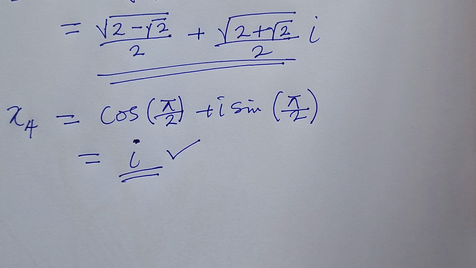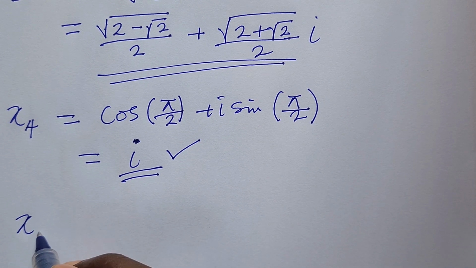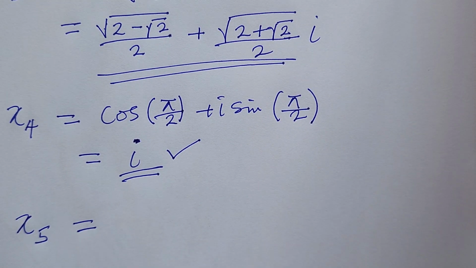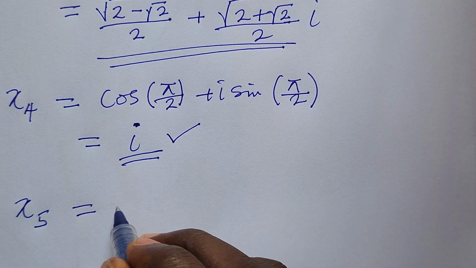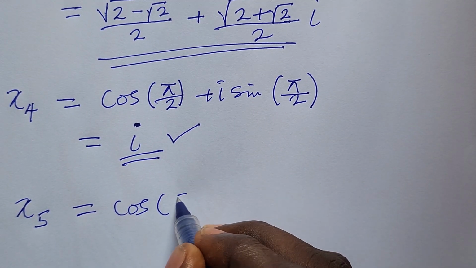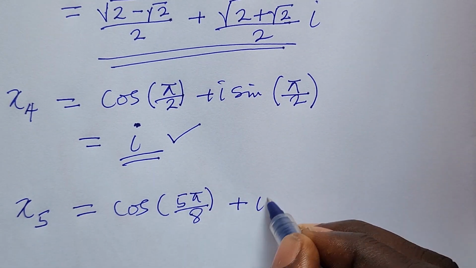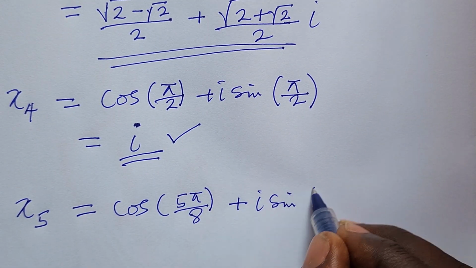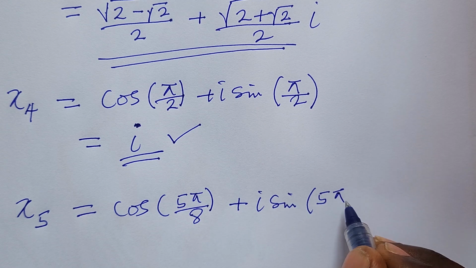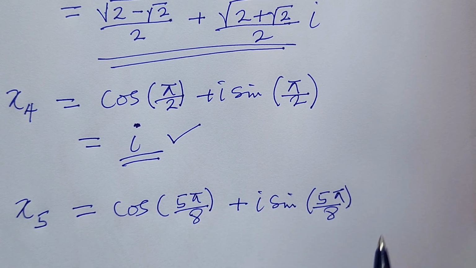We are moving somewhere, so let's take our x5. This is going to give us cos(5 pi/8) plus i sin(5 pi/8).